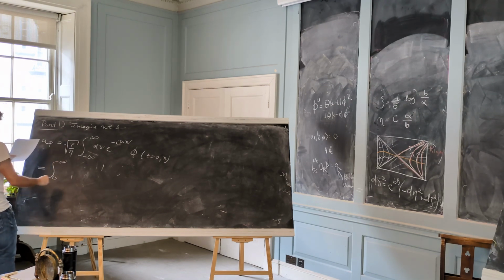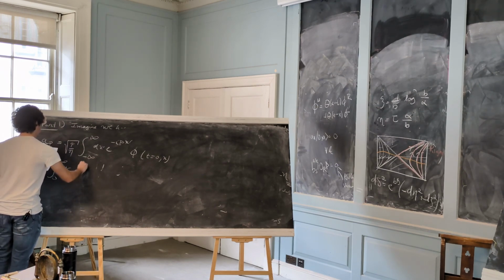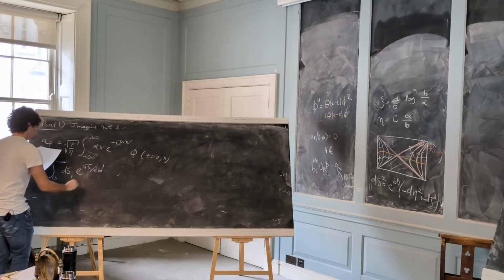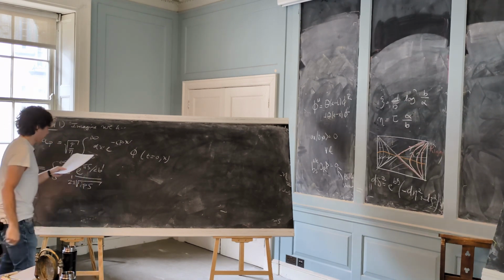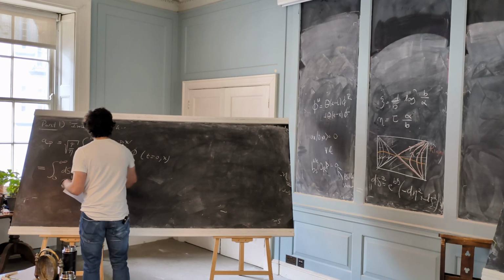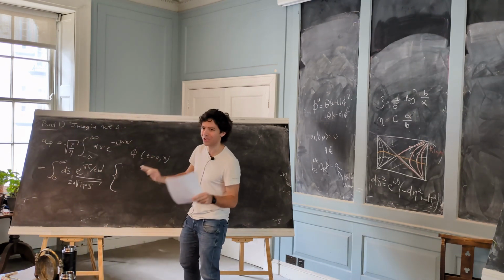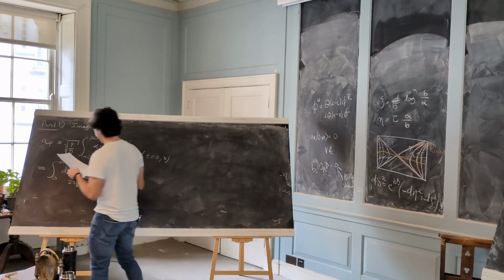It's not a very pretty answer, but it's instructive nonetheless. And I'm putting the 2 pi's and everything just to make it clear that this is super explicit. You can actually do this calculation. There's nothing hidden under the rug, okay?